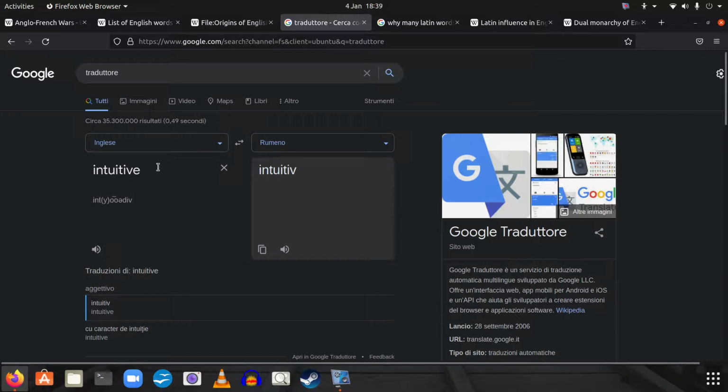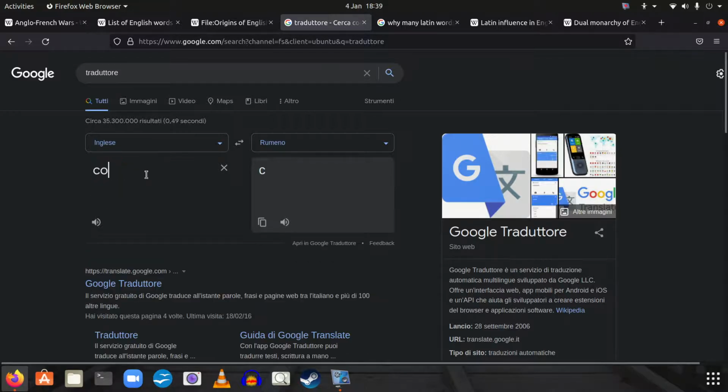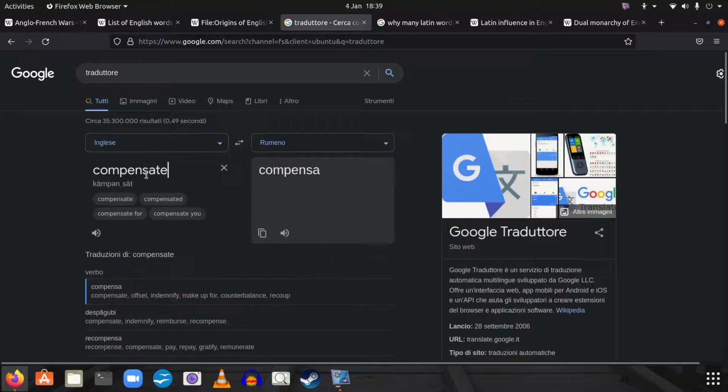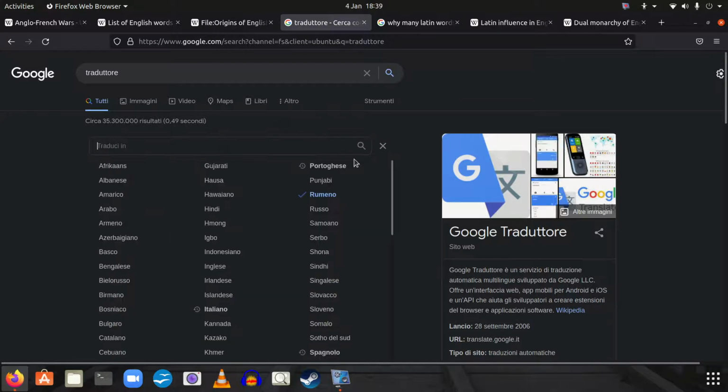Okay, another example. Compensate. To compensate. What's the meaning? To counterbalance. To make up for something. Romanian, compensa.